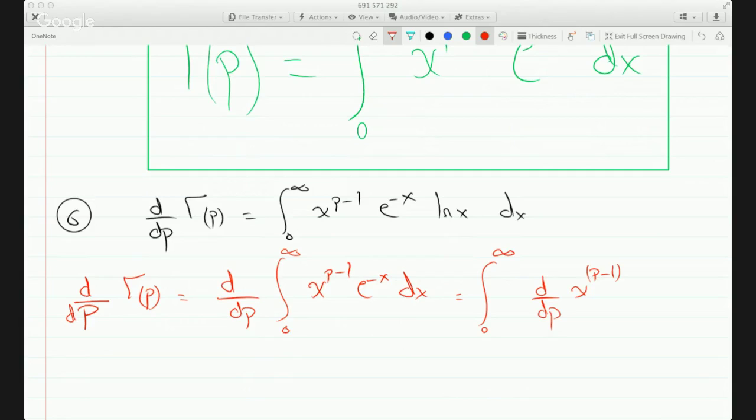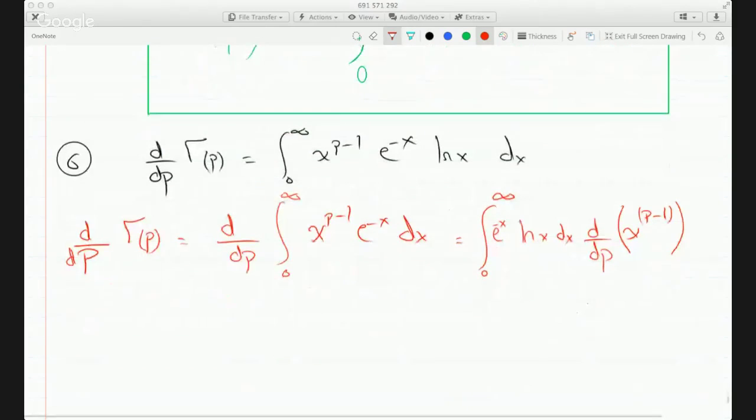Now, e to the minus x does not have p in it. So as far as the derivative is concerned, it's a constant. I can just put it outside the derivative, and there's a dx here. So the derivative is only with respect to the last term.